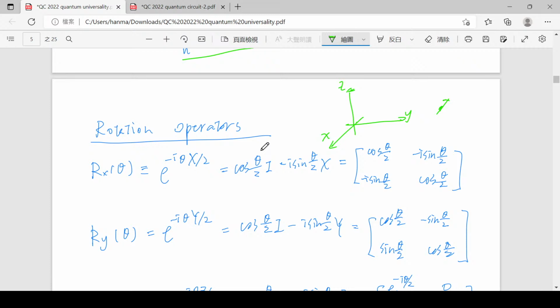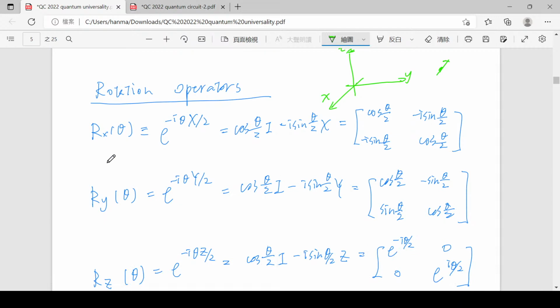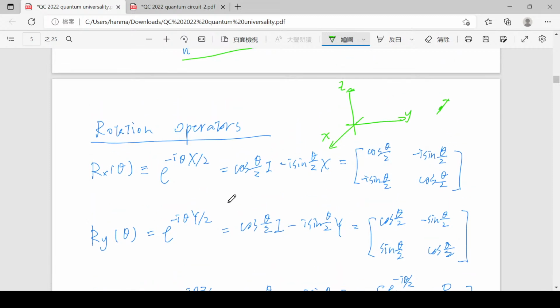There are physics proofs that you can use to show that this is actually what happens. But here, let's just accept that. So those Rx, Ry, and Rz are rotations, and I believe there are also what happens when you do rotation on the Bloch sphere. You can check that yourself. But for now, let's just define them as those three operators.